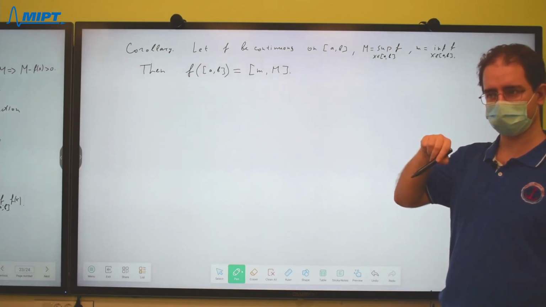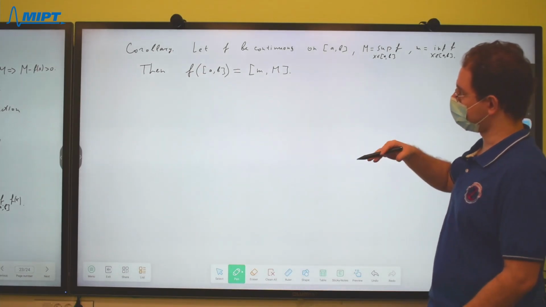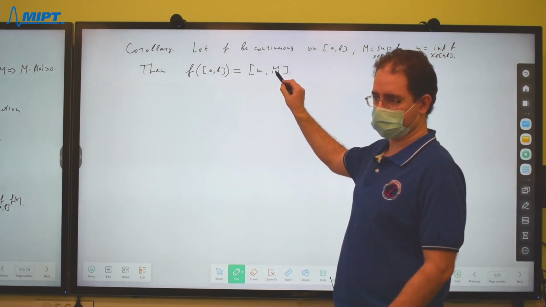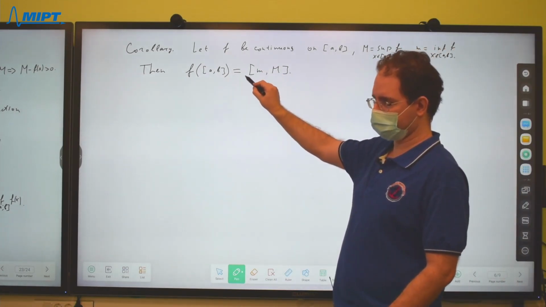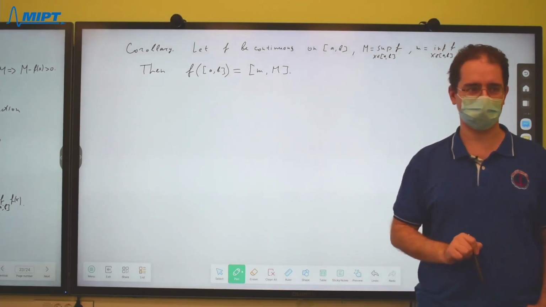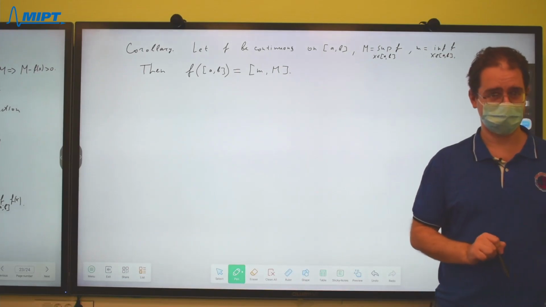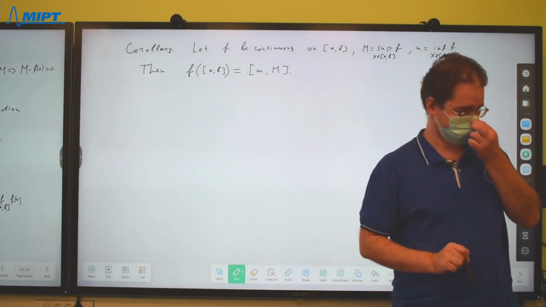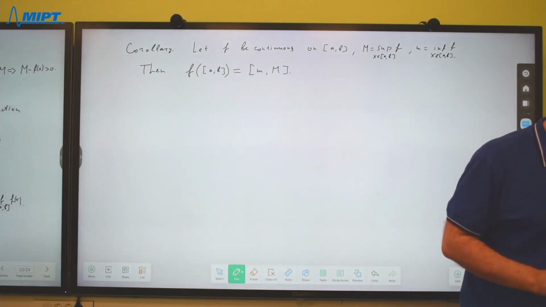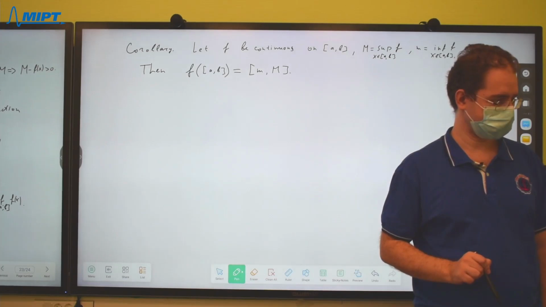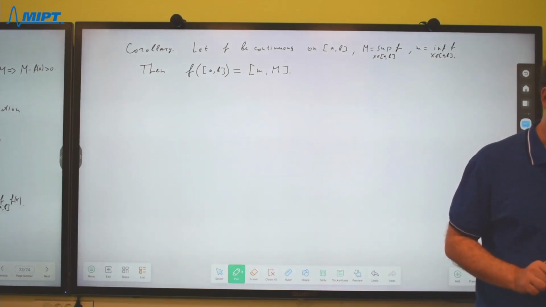So it attains exactly its maximum, exactly its minimum, and all values in between. So this is exactly this closed interval. Any questions?